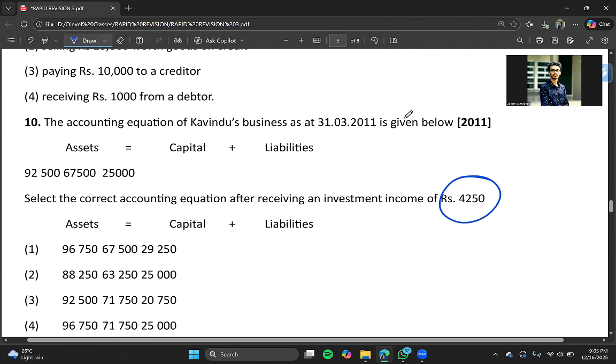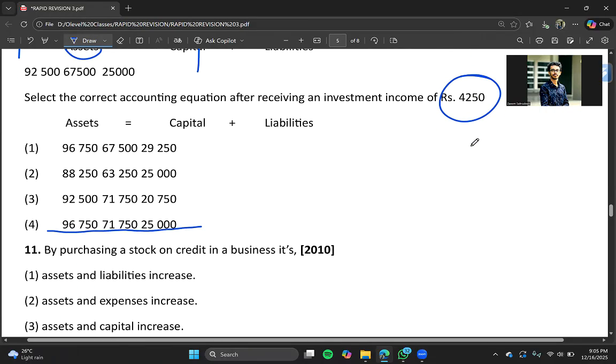Investment income will go to assets, cash will increase, and then capital will increase by 4,200. 92,500 plus 4,250 will become 96,750, and capital will become 71,750, and liabilities will stay at 25,000. So the correct answer will be this one, right?